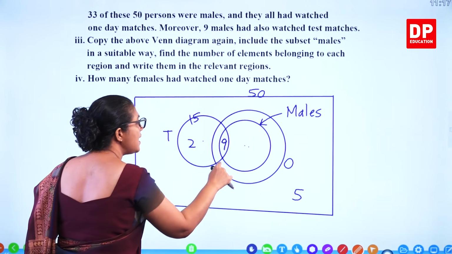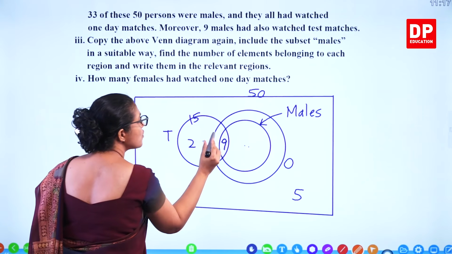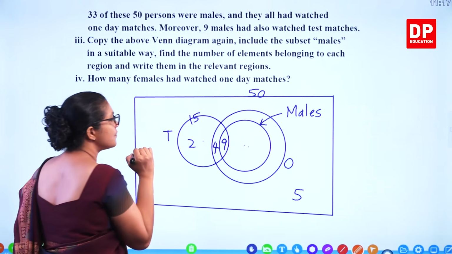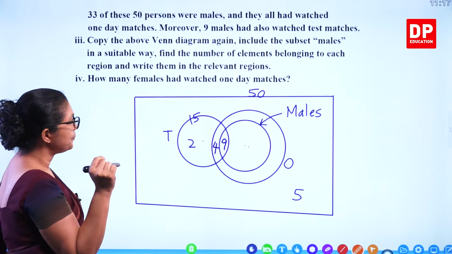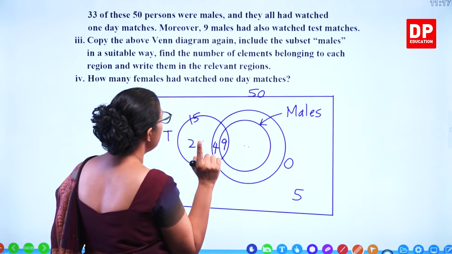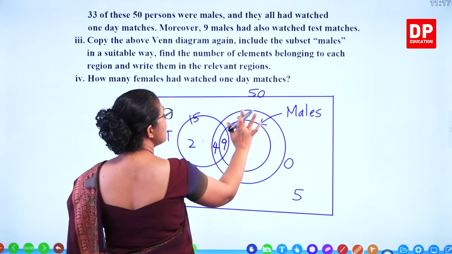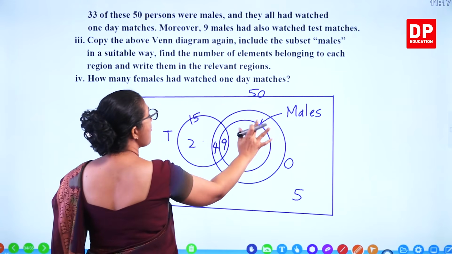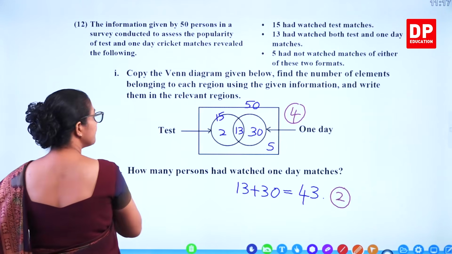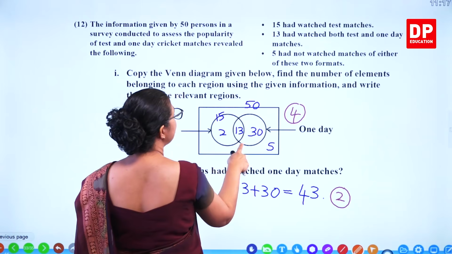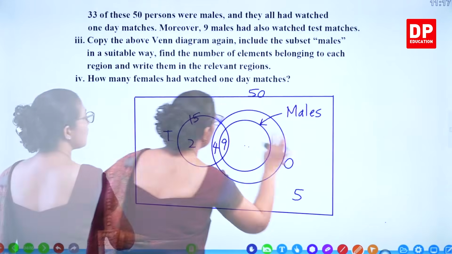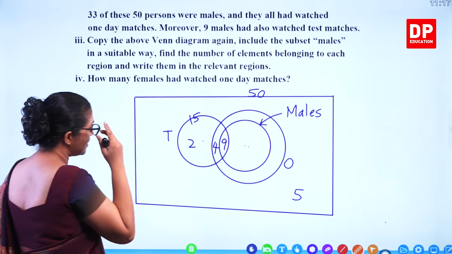This is 13. 9 is already there. So what is this part? This should be 4. And the other part here, it was this part 30. 30 there. So these two, that's 30.